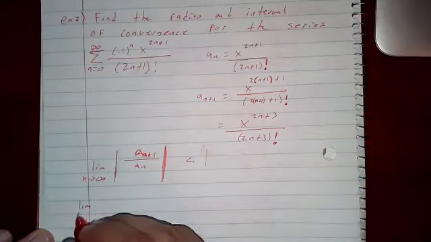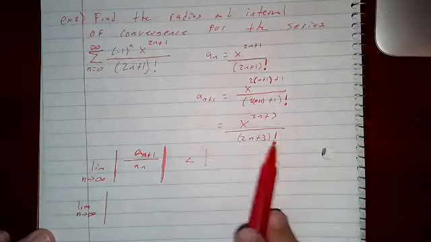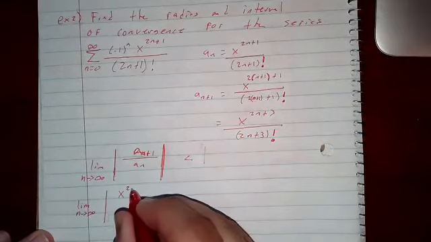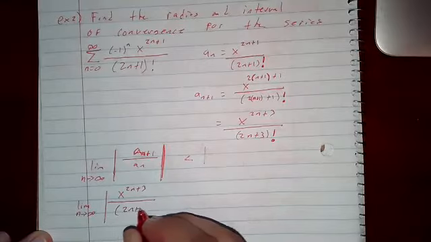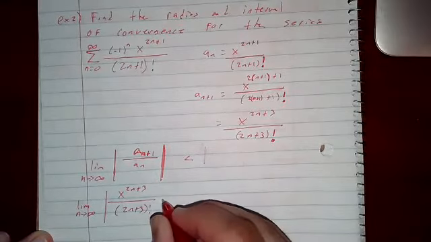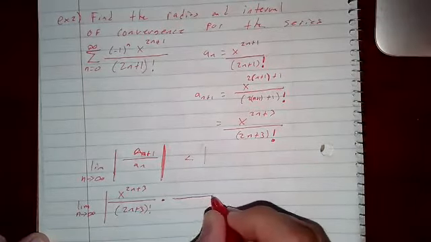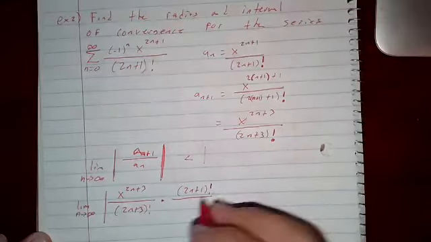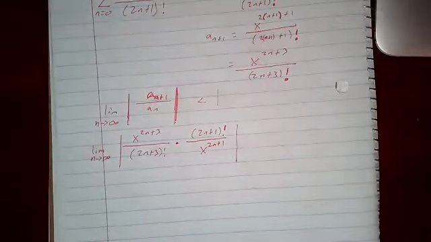The limit as n approaches infinity of this ratio. So I'm going to go ahead and skip the fraction step. So this will be first, right? 2n plus 3 divided by this guy, which means it'll flip over, right? 2n plus 1 over x to the 2n plus 1.